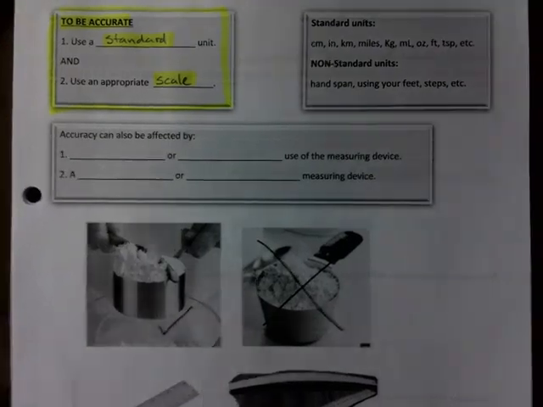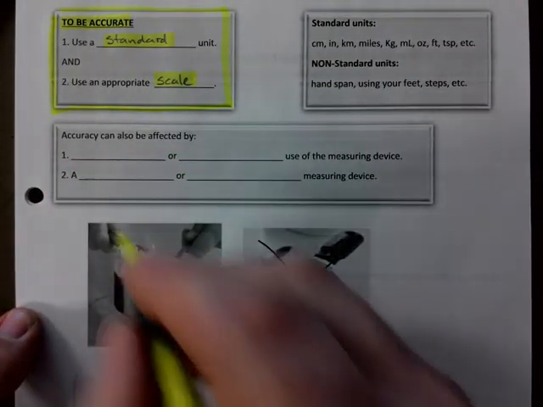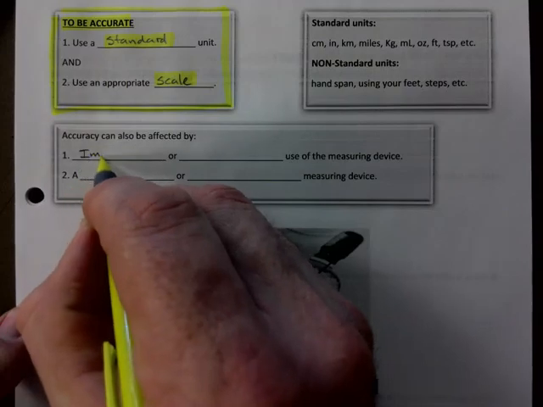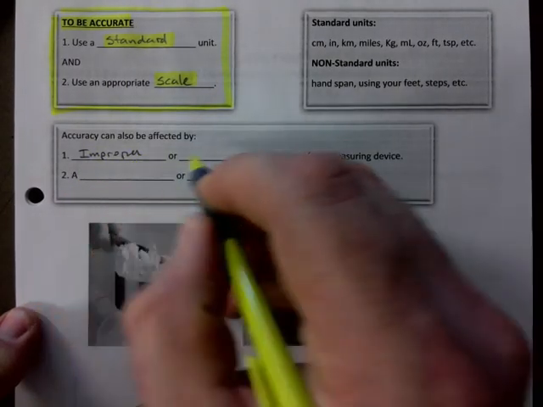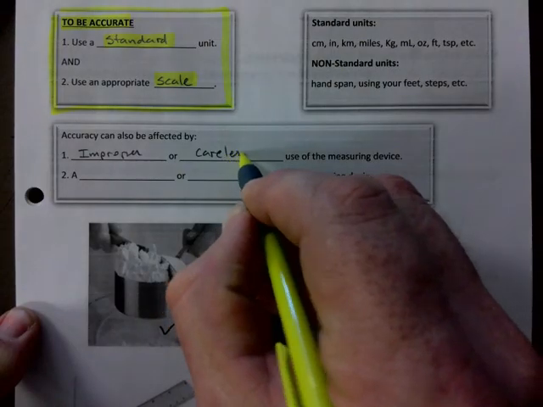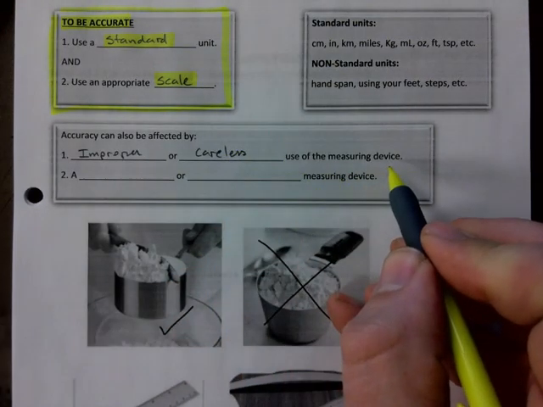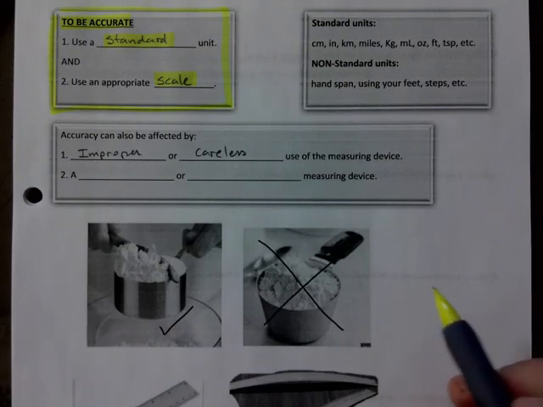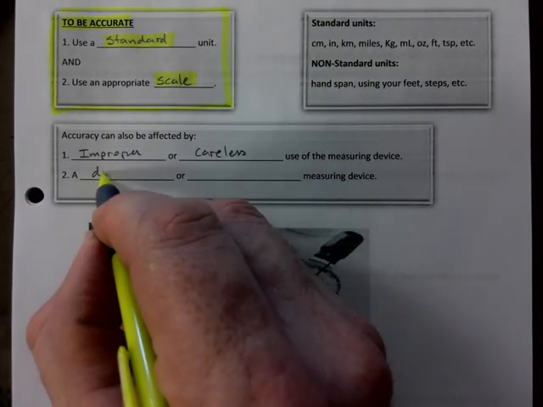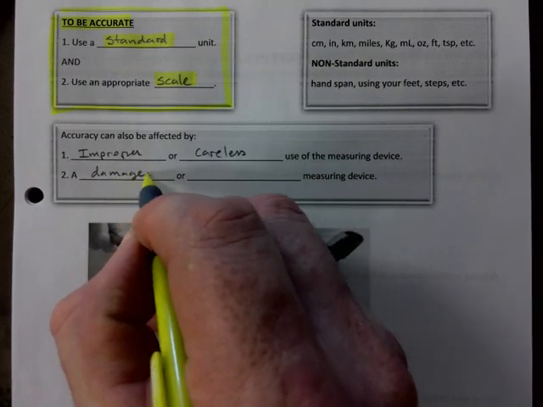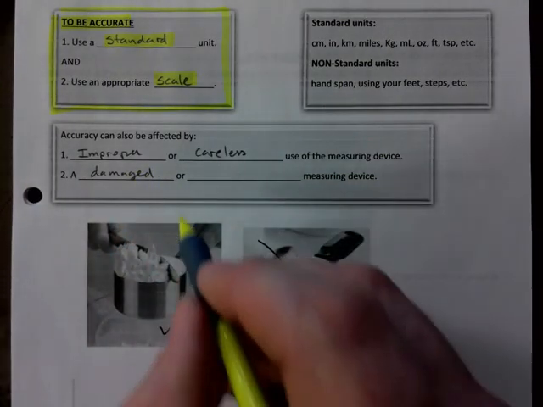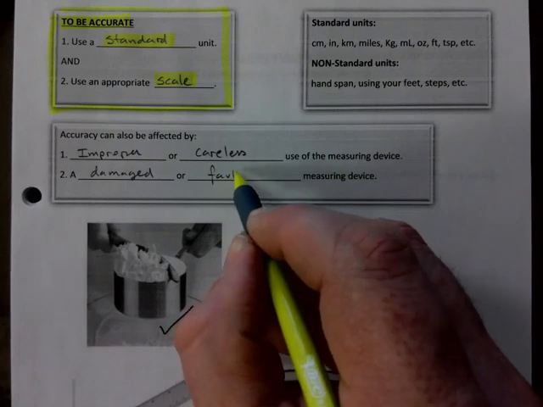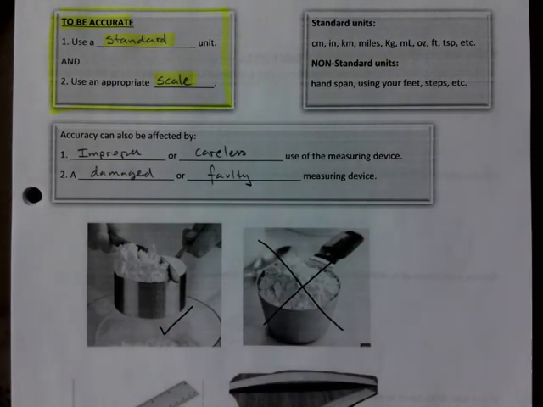Okay. Accuracy can also be affected by improper or careless use of the measuring device, or a damaged or faulty measuring device.